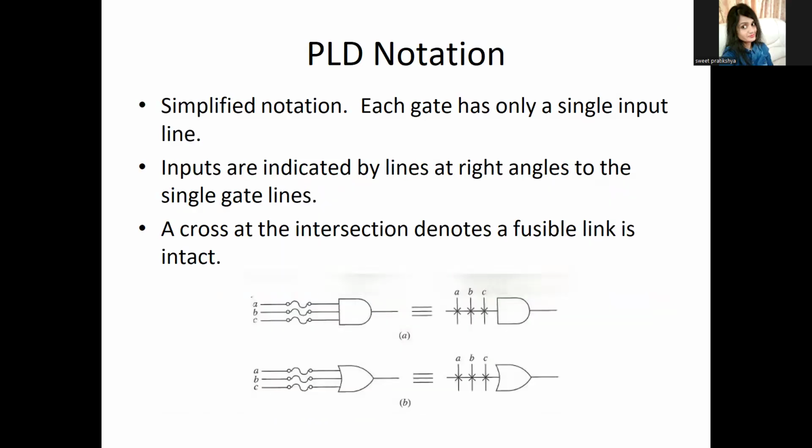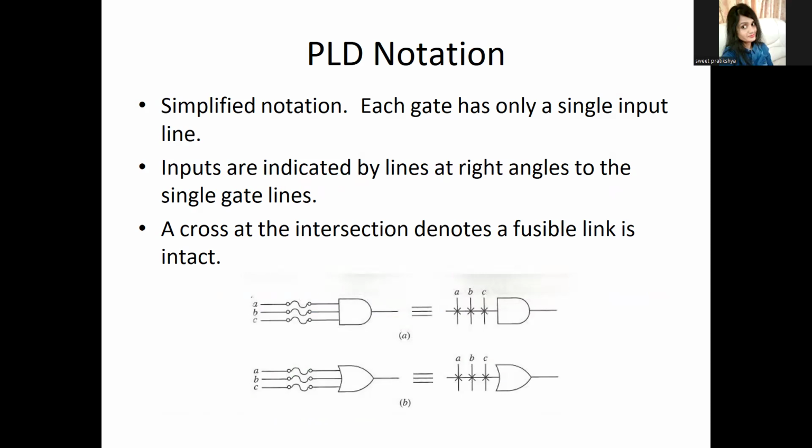Now we will understand the notation of PLD. How can we understand that it is a PLD? While designing or reading a PLD diagram, some specific notation is used. Each gate is shown with a single input line. Input signals intersect this line at right angles.